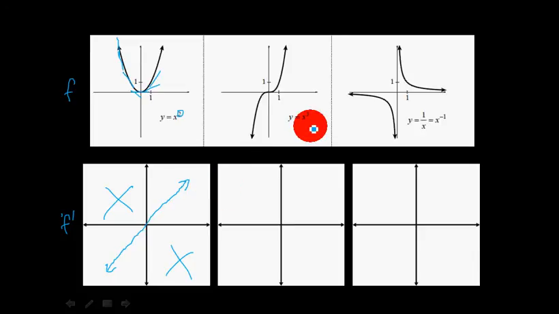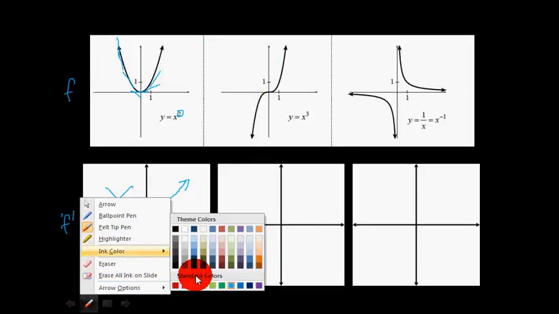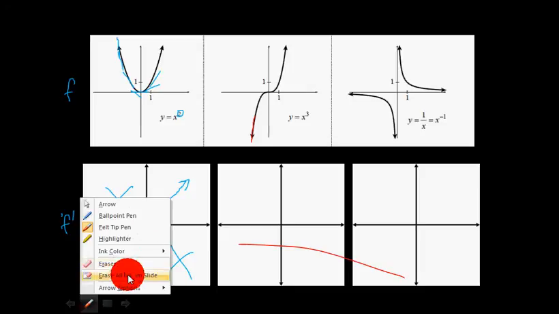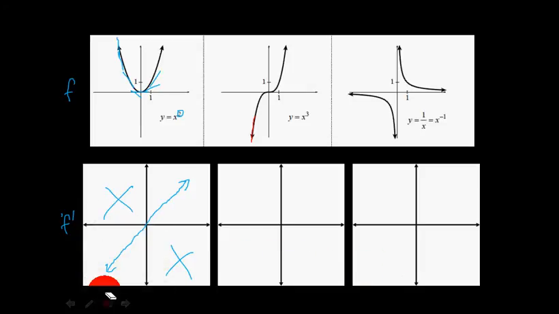So on to the next one, x cubed. Let me change colors real quick. So we start off, well, it's always increasing, so we won't have any down here. I keep going over. Sorry about that. So we won't have any down here.